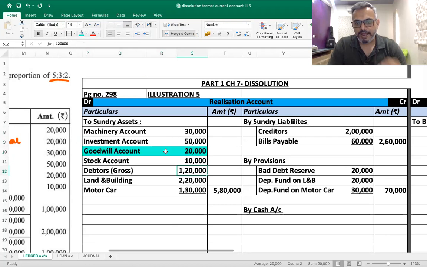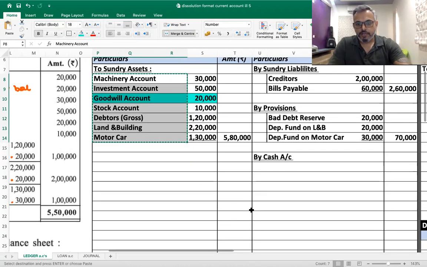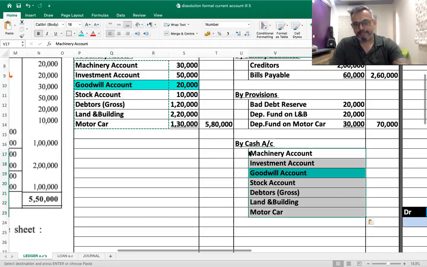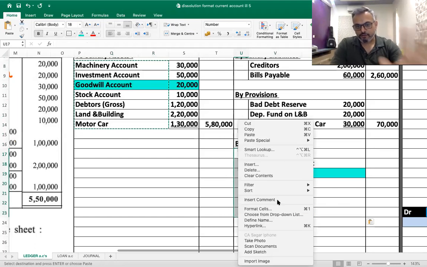Because goodwill, patent, copyright and trademark are our intangible asset. So if no information is given, nothing will be realized. Is this clear, all of you? Now let's start one by one. एक काम करता हूँ मैं, ये सारे assets को यहाँ पे सबसे पहले लिख देता हूँ, so that I don't miss out anything. तो तुम भी ऐसा ही करो, सारे assets को लिख दो.